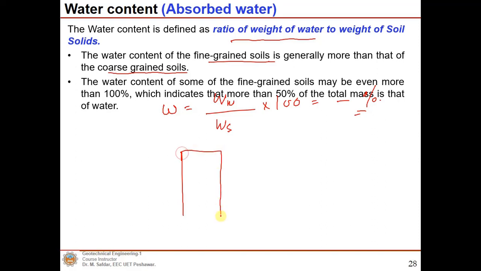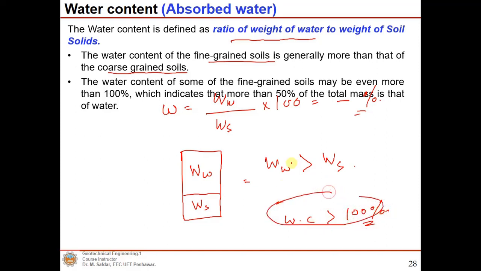For example, these are the volume, weight of solids, and this is the weight of water. If weight of water is greater than weight of solids, then the water content will be greater than 100%. And for marine soils, that is the predominant case.